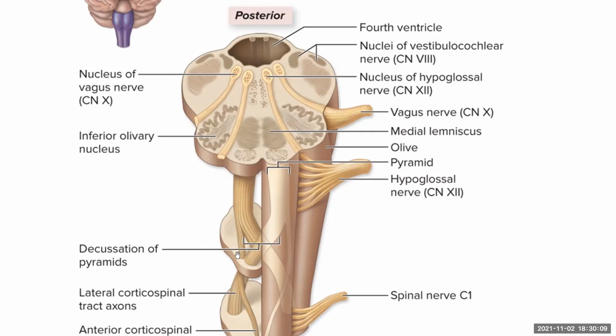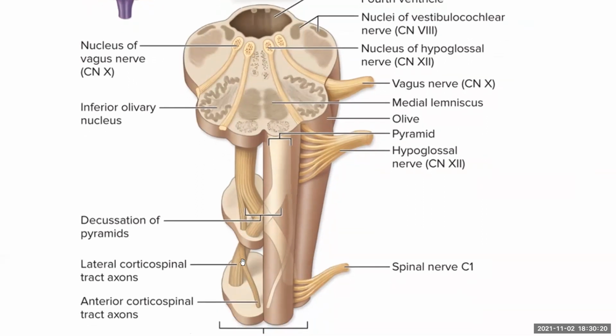Eventually, they'll cross over in the spinal cord, but they eventually do cross over. Most will cross over here in the pyramids, and then a few will stay on the same side, then eventually cross over. The ones that do cross over become part of the lateral corticospinal tract. The ones that stay ipsilateral, that don't cross over until they get to the spinal cord, those are the anterior corticospinal tracts. So again, we'll cover this next chapter.